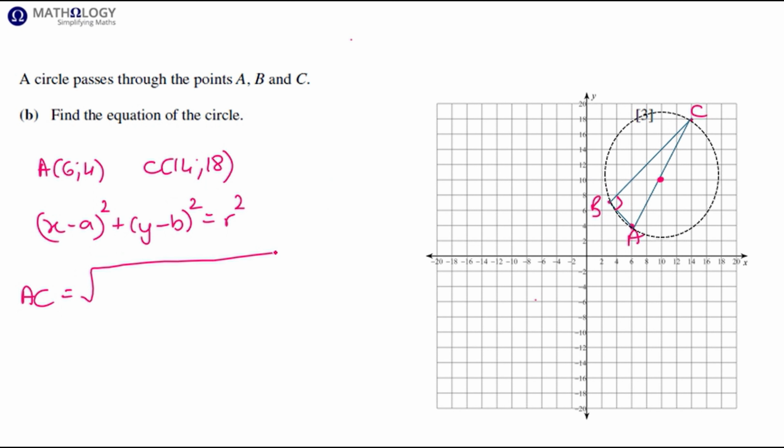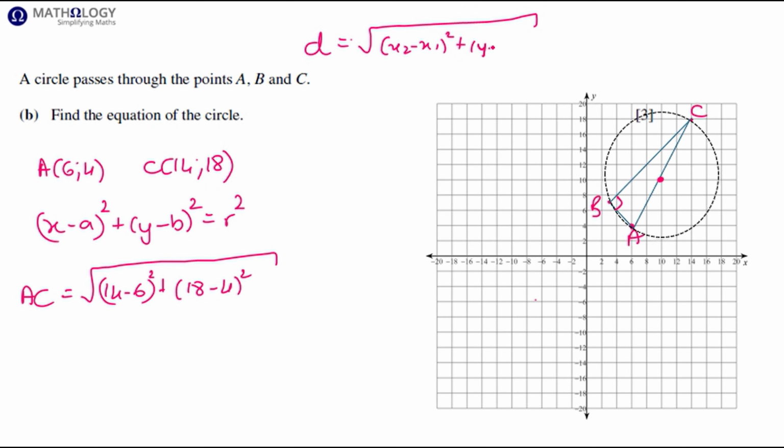Choose the distance formula. So AC will be (14 minus 6) all squared plus (18 minus 4) all squared. Remember that the distance formula is given by d equals the square root of (x2 minus x1) all squared plus (y2 minus y1) all squared.